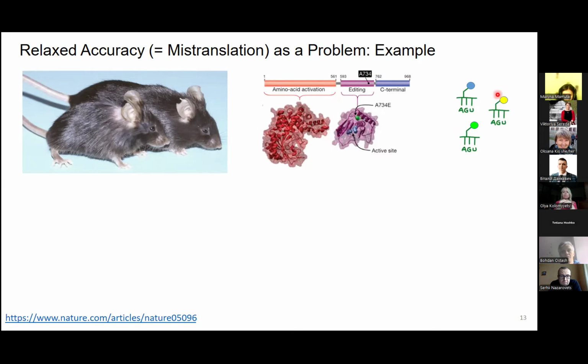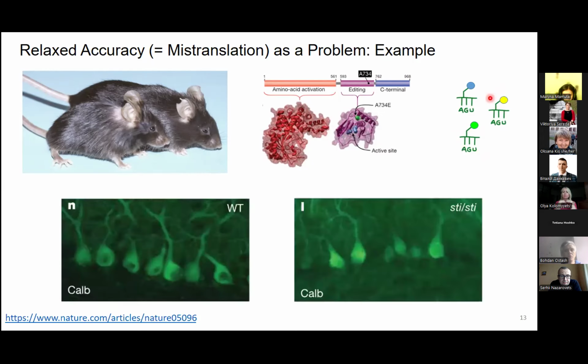This would lead to mistranslation again, and this would lead to neurodegeneration. So here is a wild type. This is a small slice of the follicle of the skin near the hair, and you can see here neuronal cells.